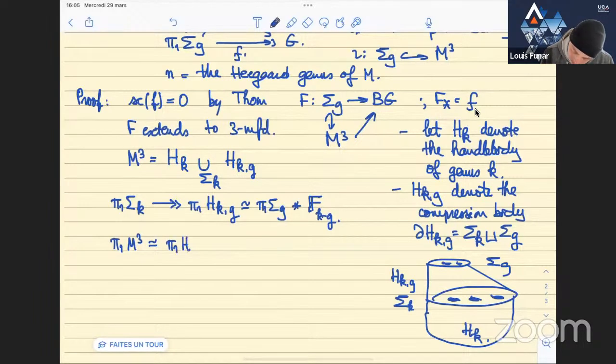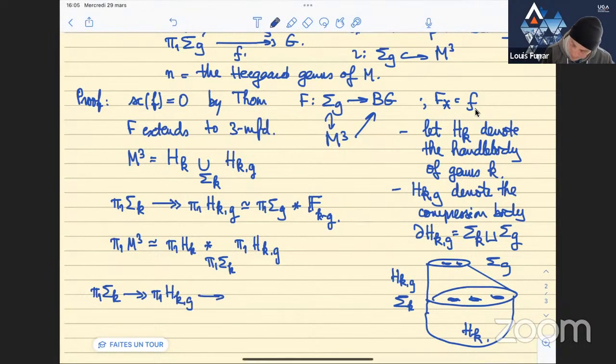It is the amalgamated product of pi 1 of H_K with pi 1 of H_KG over pi 1 of sigma K. So when you have the composition, pi 1 of sigma K goes into pi 1 of H_KG, and this is induced by the inclusion into pi 1 of M3, and this is the map into G. I'm still calling this map F, and this is the map induced in topology.